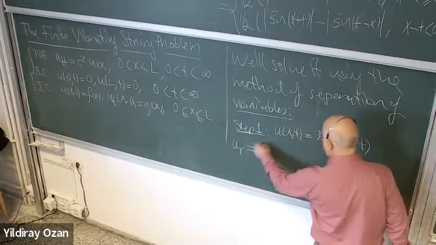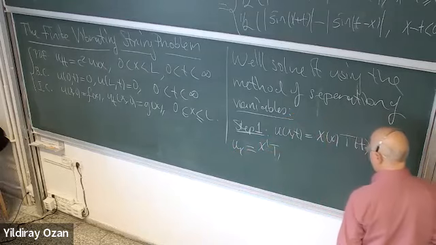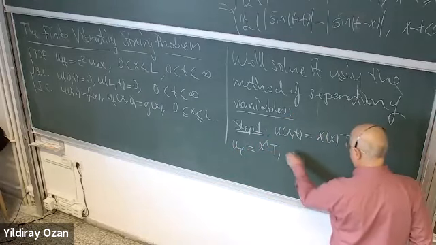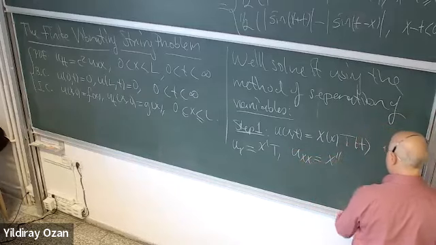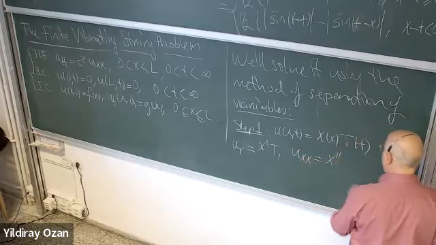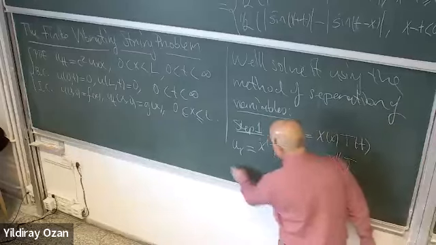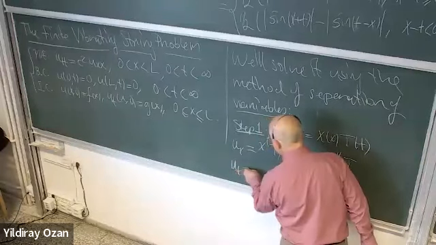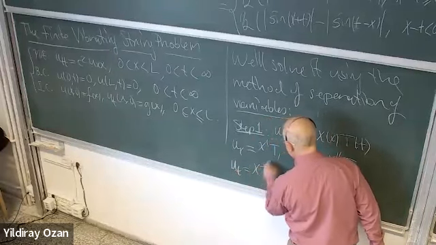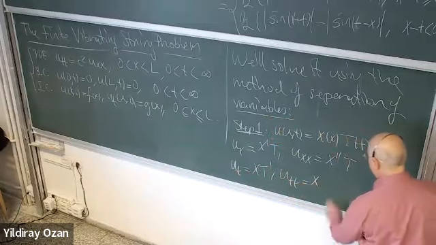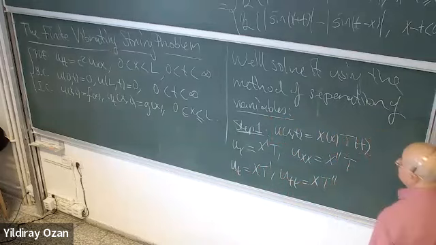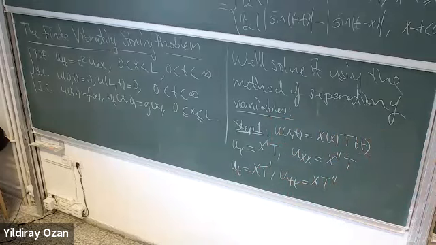It is just X prime times T. What is u sub xx? Well, that is X double prime times T. Similarly, u sub t is just X times T prime, and u sub tt is just X times T double prime, right?